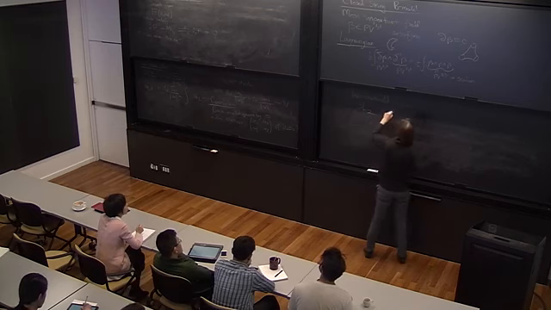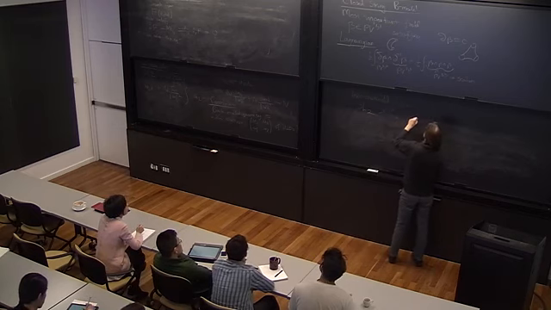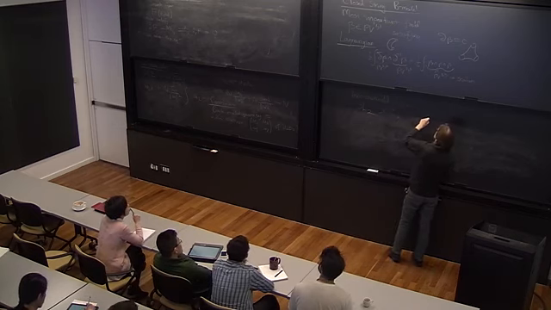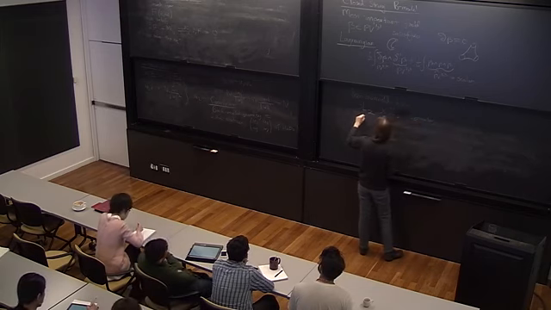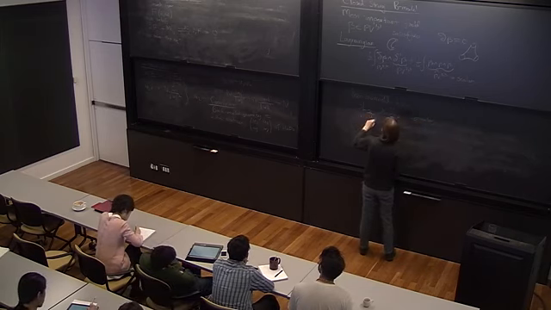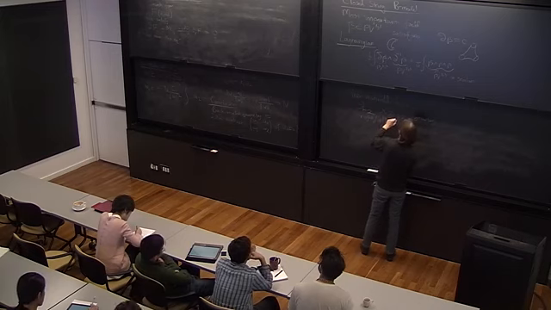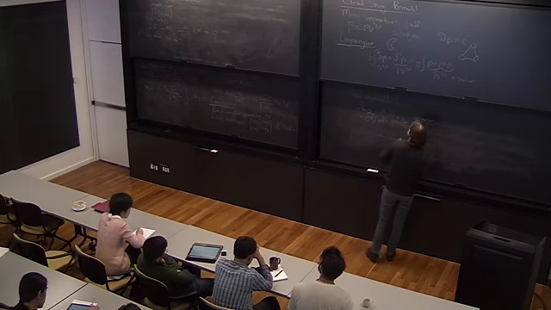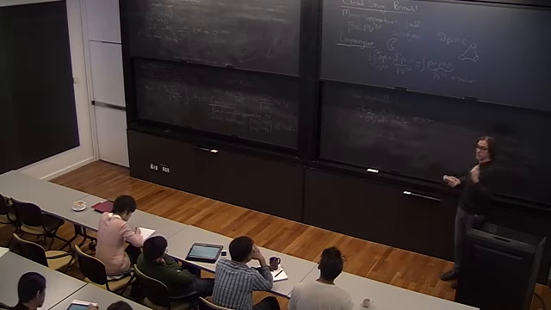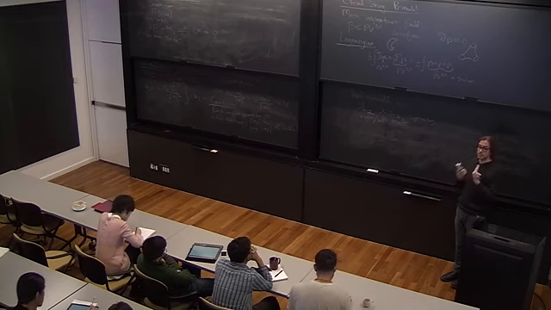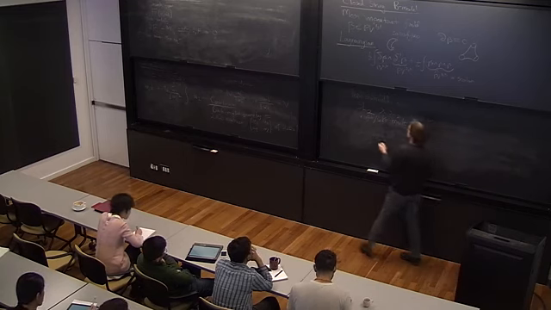It has SL2 times SL2 symmetry from right and left multiplication. So in particular, we take one of these guys to be the conformal symmetry of the spacetime.